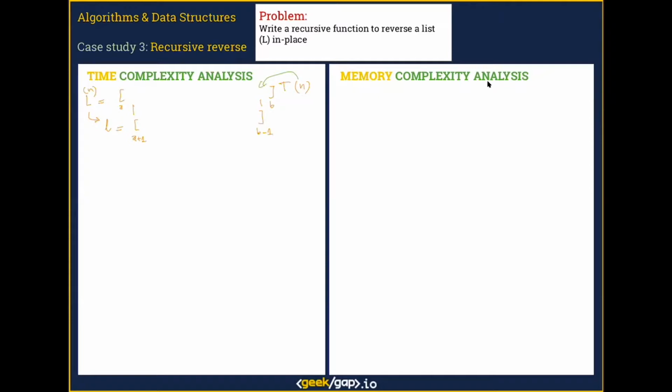Now, this is the time to solve the big list. What is the time to solve the smaller list? We can say it's T of n minus 2, because each time we reduce the size of the problem by 2. We don't consider this guy which was here, and we don't consider the guy that was here either. So the size of the problem has reduced by 2.